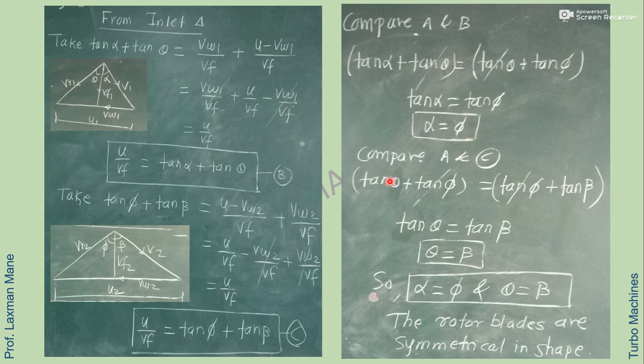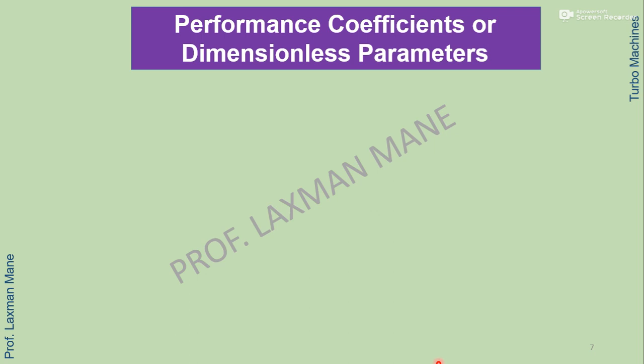Similarly, by comparing equations A and C, equation number A left side, equation number C right side, here also tan phi and tan phi get cancelled, so the rest of the terms: tan theta is equal to tan beta, means theta is equal to beta. So we have alpha is equal to phi and theta is equal to beta. The meaning of this is what? The rotor blades are symmetrical in shape, means blades are identical in shape.